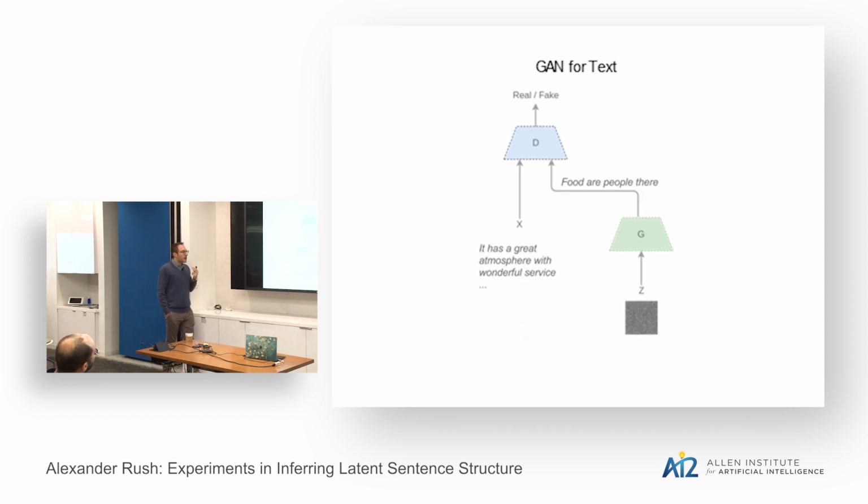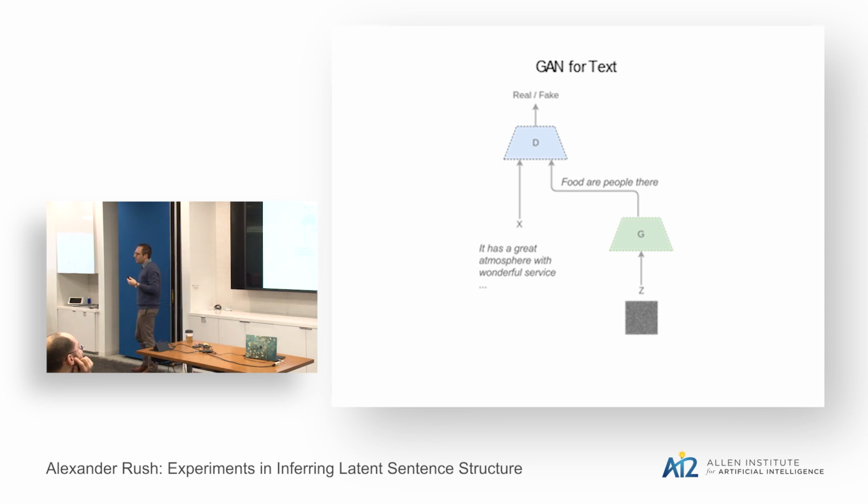The problem is that no one's really gotten this model to work for text. There has been a lot of interest in this problem, but I think there's been some hurdles. And the hurdles are quite simple to understand. You can do this part of the discriminator in exactly the same way. But when you map from noise to a generated text sample, you hit upon this point of non-differentiability.